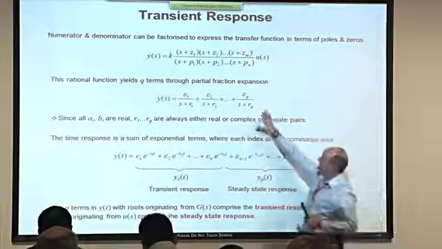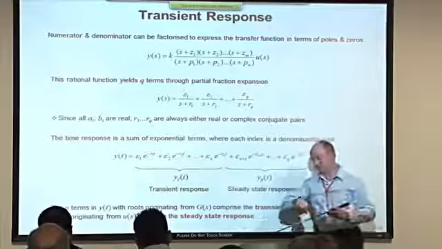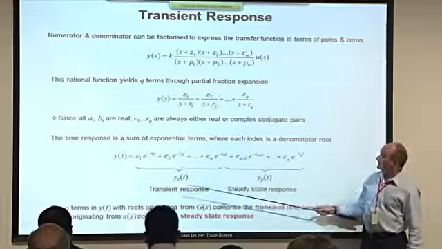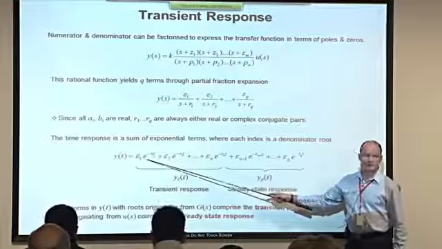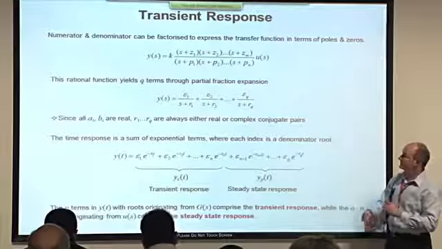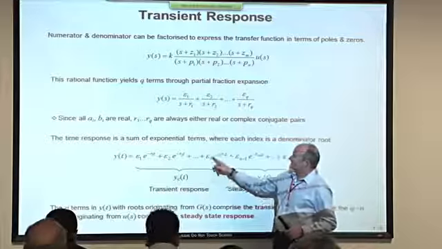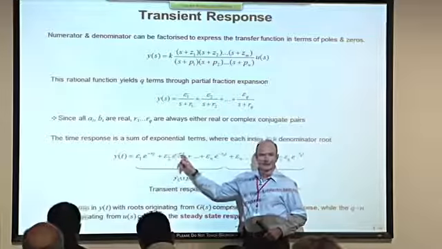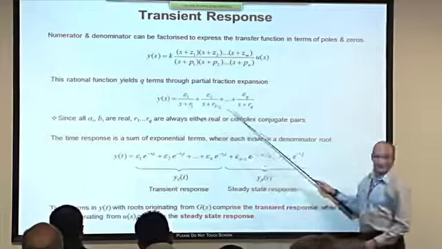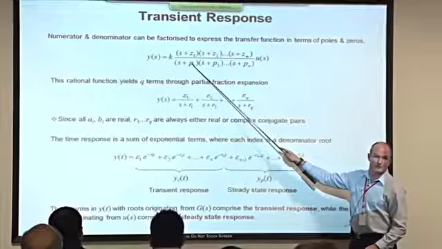And when we take an inverse Laplace transform of this partial fraction expansion, we find a series of exponential terms, because each of these first-order terms has an inverse Laplace transform which is an exponential. So you end up with a series of exponentials here if U(s) is as I've just described. Now, look at these exponentials and recognize that the exponents in each of the first n terms come directly from the denominators of each of these, and each of these comes directly from the poles of the transfer function.